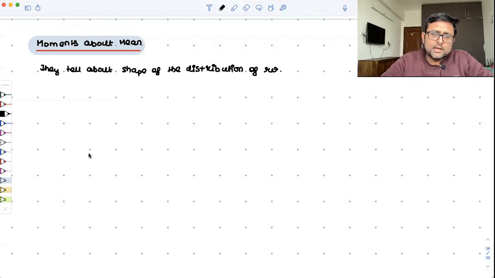So basically the graph of its probability distribution or probability density, the shape of the graph of its probability distribution or probability density.